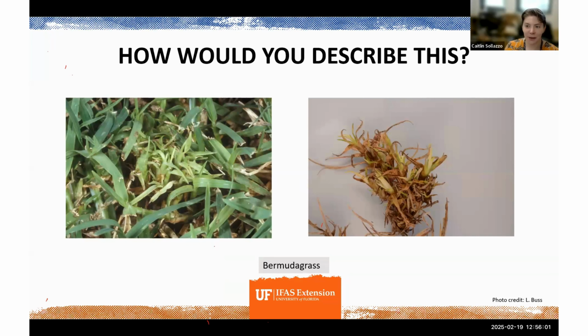All right, so this one might be a little tricky. So how would you describe this? This is Bermuda grass. And what I'm specifically looking for is this little area. How does this one differ from over here? What words would you use to describe it? And this is a closer image of the actual, basically this.